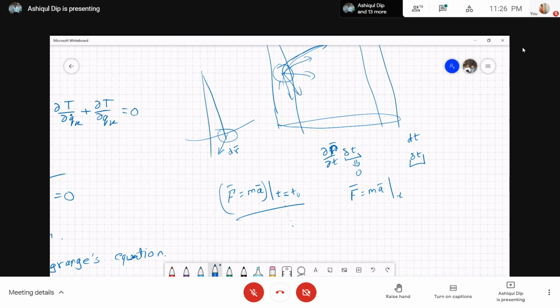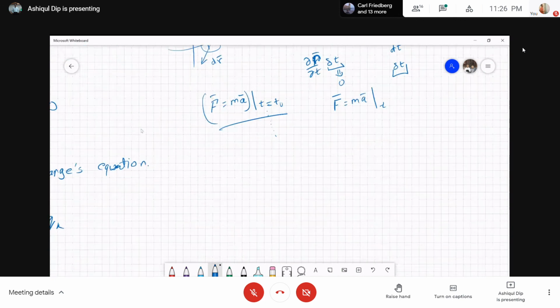Say you're defining some work that is actually happening over some time. What's the problem with that? So the problem is, your delta W started at a time, say t equals t naught, and ended at a time like t equals t naught plus delta t.